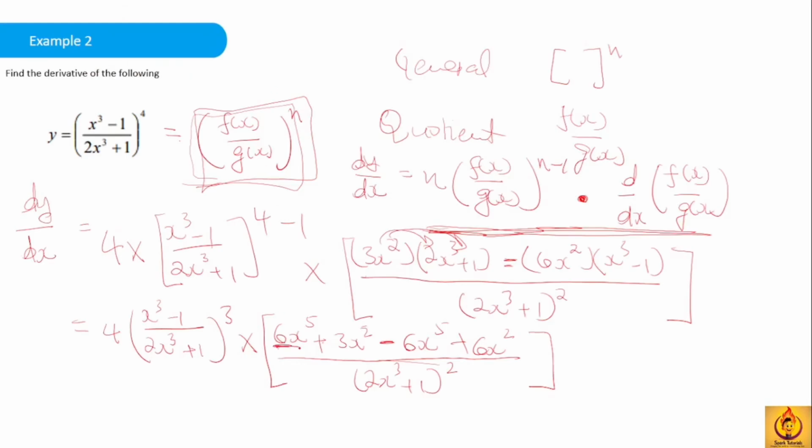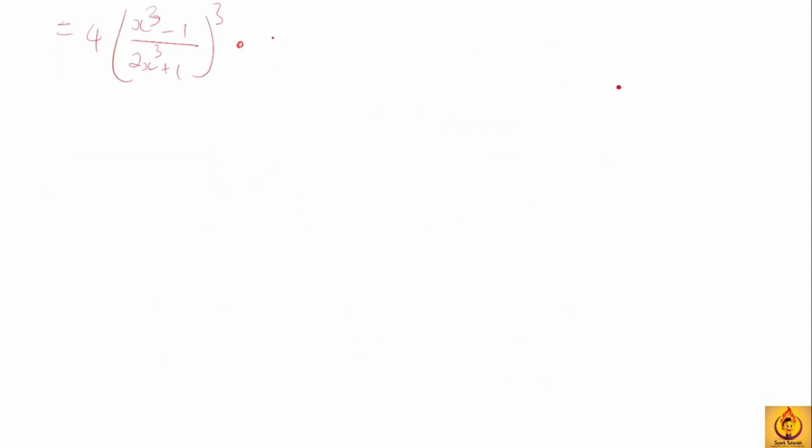This cancels with this. And then you're going to be left with, because everything is the same, 3x squared plus 6x squared, which is going to be 9x squared divided by the denominator squared, sorry.